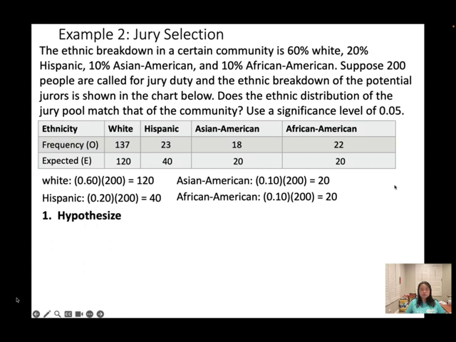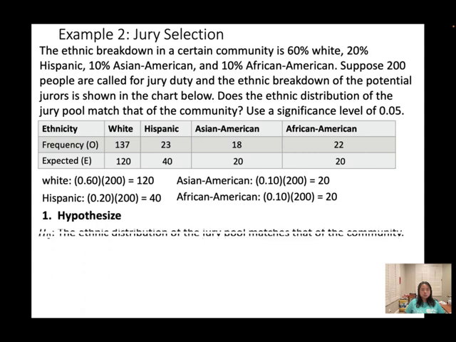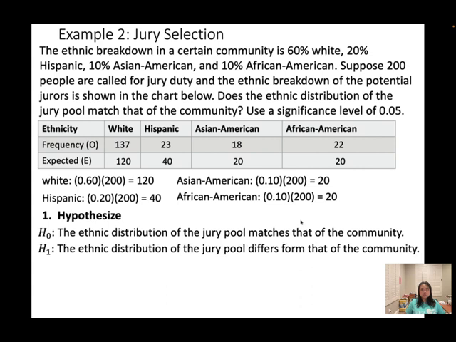Double check, when you add it all up, it has to be equal to your n, which is going to be 200. Okay, state your hypotheses. The null hypothesis: the ethnic distribution of the jury pool matches that of the community. Matches that of the community means they are equal. The alternate hypothesis would be different: the ethnic distribution of the jury pool differs from that of the community.